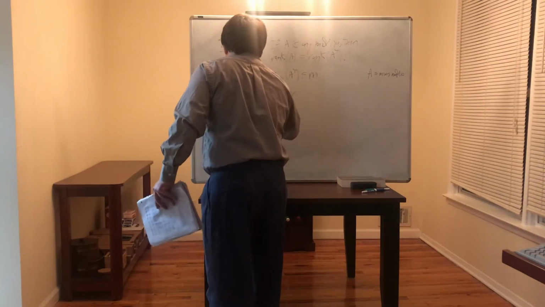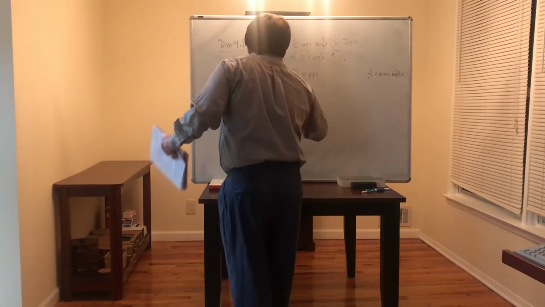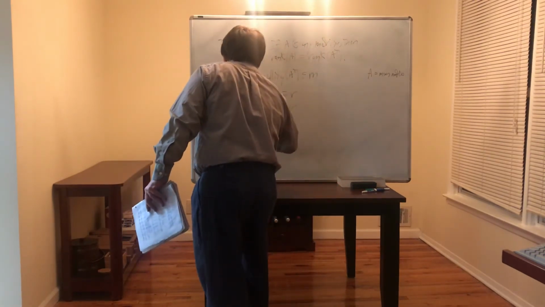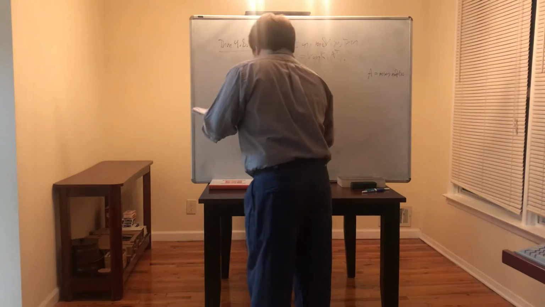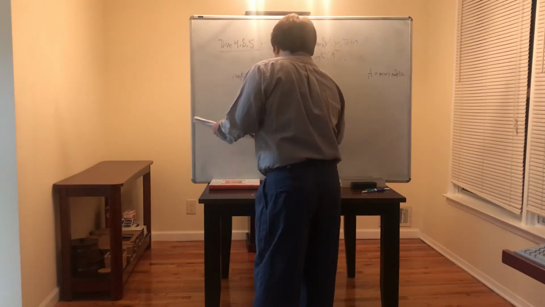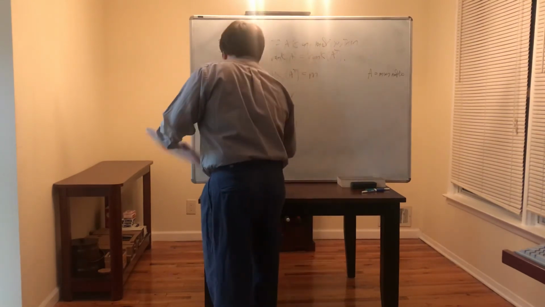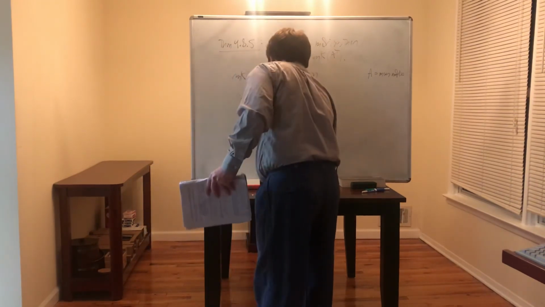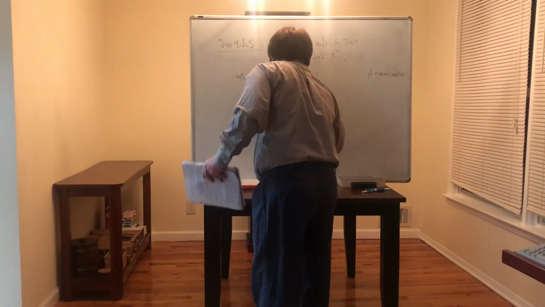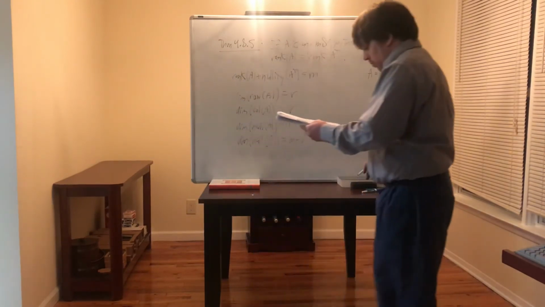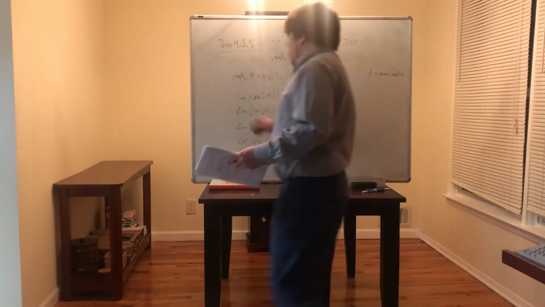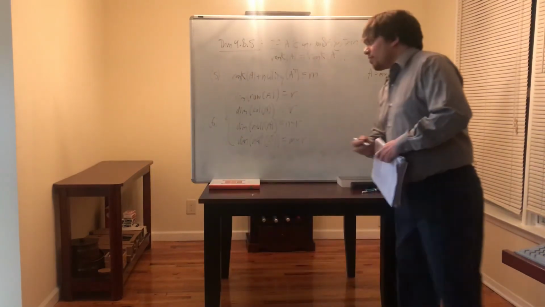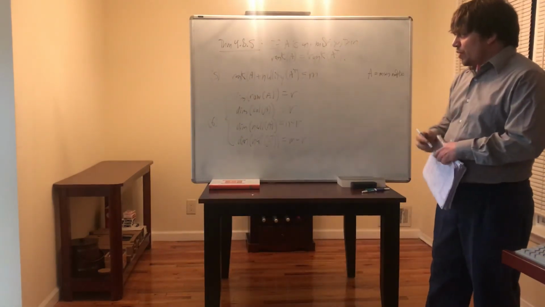The dimension of the column space of A is equal to R. The dimension of the null space of A is equal to N minus R. And the dimension of the null space of A transpose is equal to M minus R. Okay, so 5 is that equation, and 6 are those 4 equations.